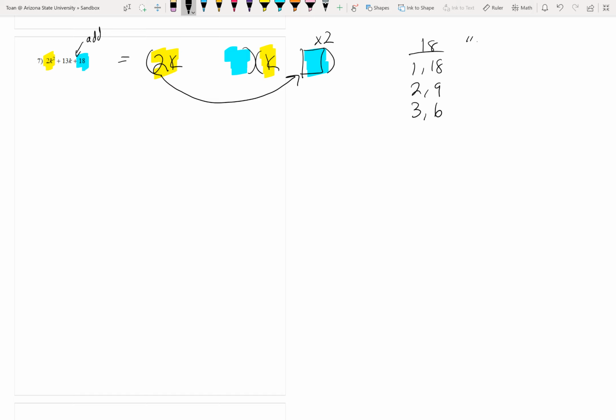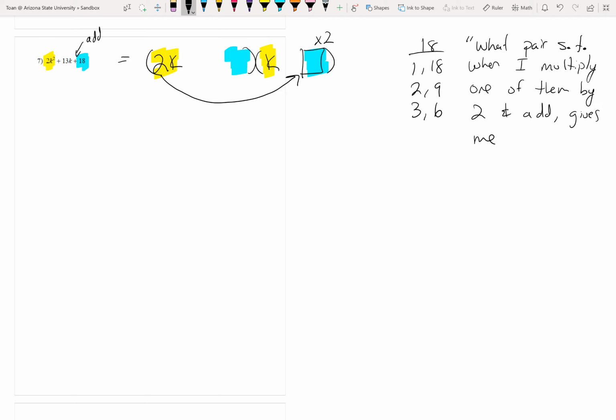So what I'm thinking is, what pair is such that, when I multiply one of them by 2 and then add, gives me a 13, because the 13 is the middle number. So again, this just takes mental math. There's no trick about it. You just got to keep trying until you find it.